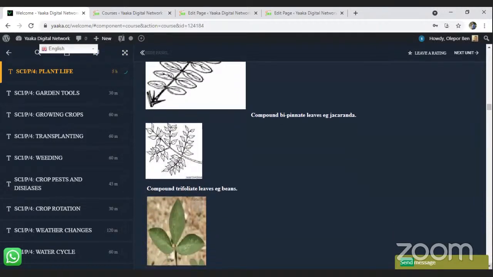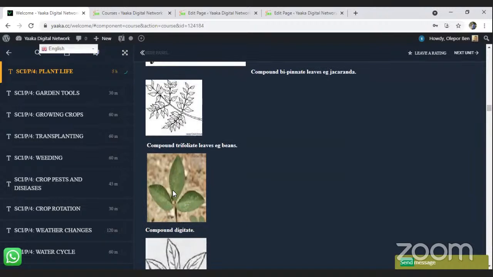The other one, which is most common again, is the one with 3 leaflets. This one is called compound trifoliate. It is very common. They always ask children to draw, especially in primary 6, draw a compound trifoliate. So you must be able to know. As long as they have said trifoliate, these are 3.